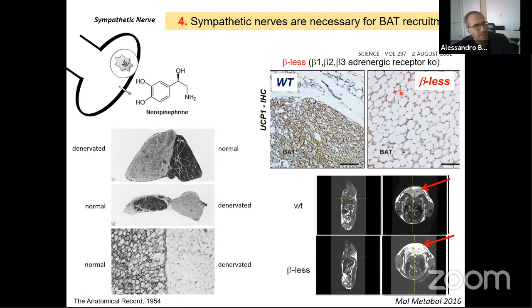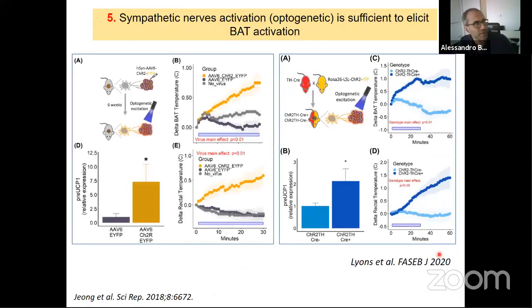Consistently, if you generate an animal without the three beta-adrenergic receptors, the so-called beta-less mice from Brad Lowell, you end up with a brown adipose tissue which looks much like white adipose tissue. This is an image of the same strain we collected using the 7 Tesla MRI. As you can see, the brown adipose tissue essentially disappears. The fifth point is that the sympathetic nerves are sufficient for brown adipose tissue activation.